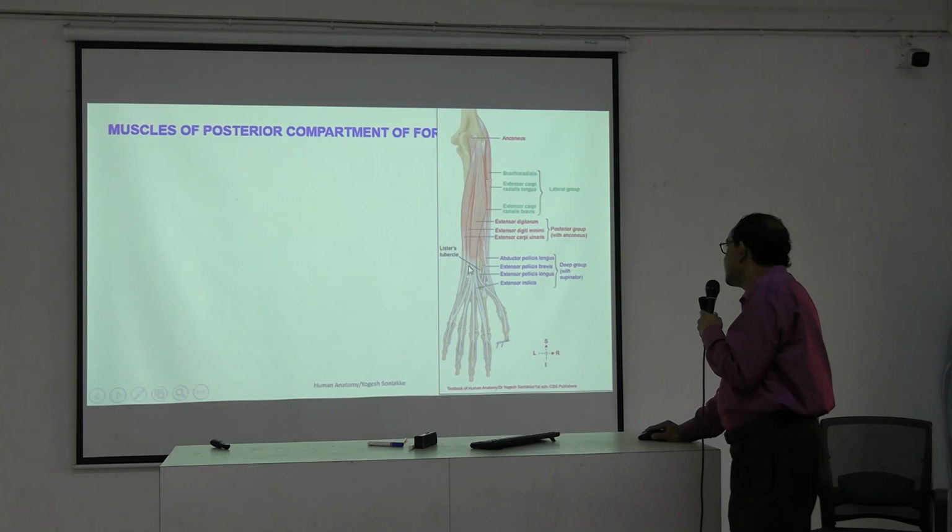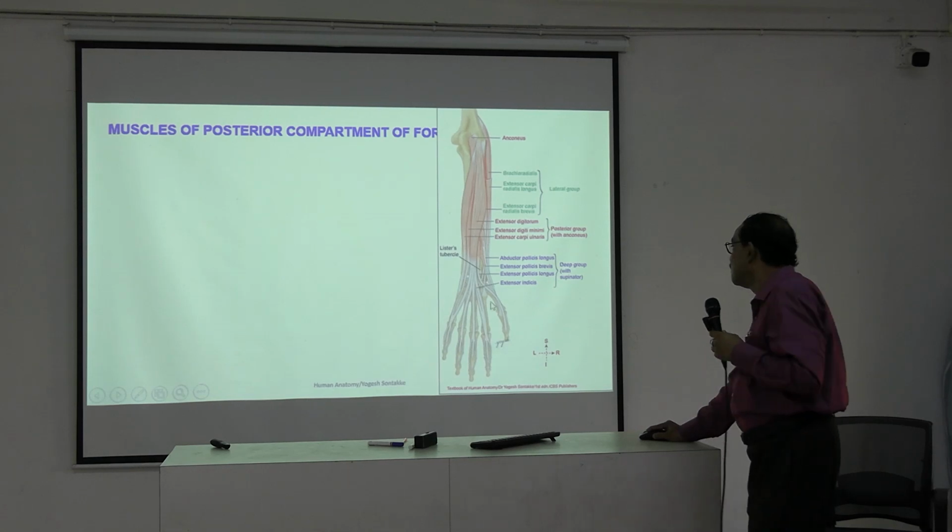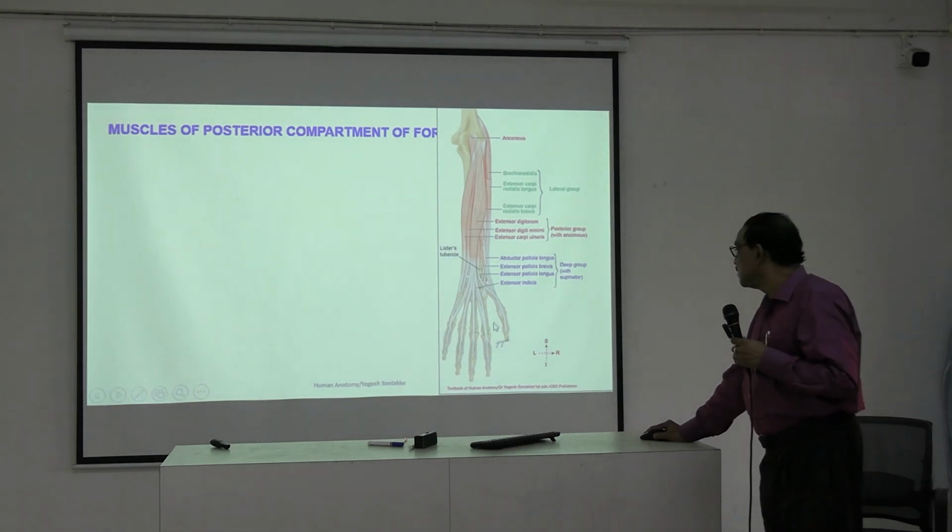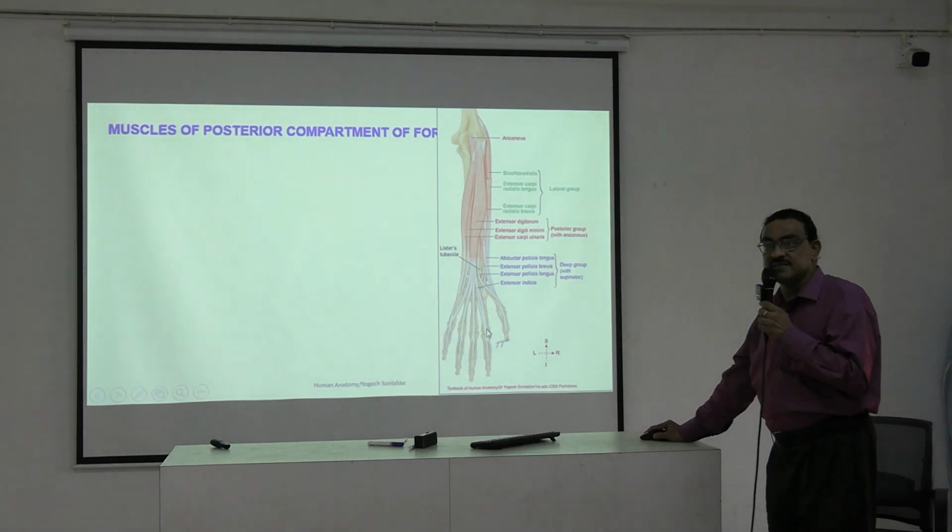Then this extensor digitorum, you can see it is taking origin from the common extensor platform, okay, on the lateral epicondyle. It divides into 1, 2, 3, 4 tendons.